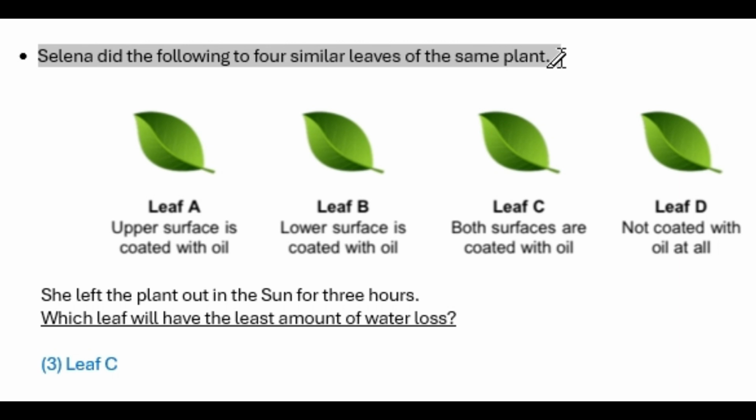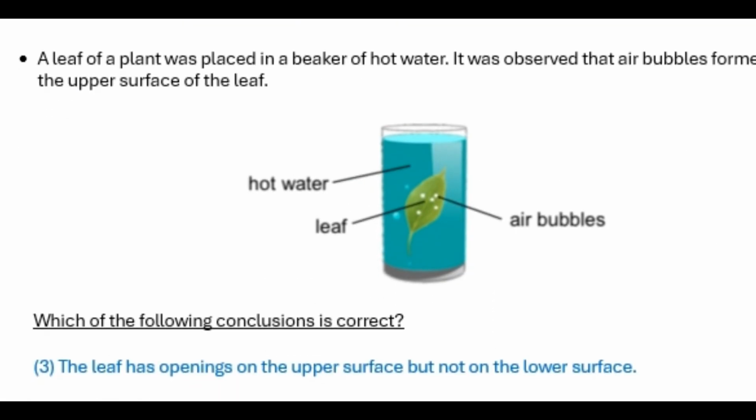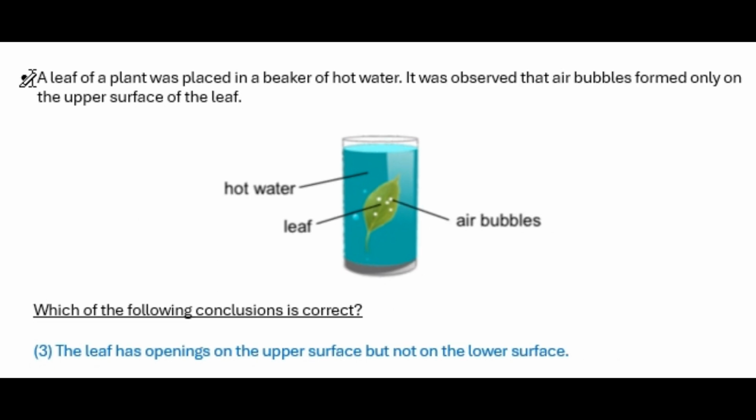Selena did the following to 4 similar leaves of the same plant. She left the plant out in the sun for 3 hours. Which leaf will have the least amount of water loss? 3. Leaf C. A leaf of a plant was placed in a beaker of hot water.